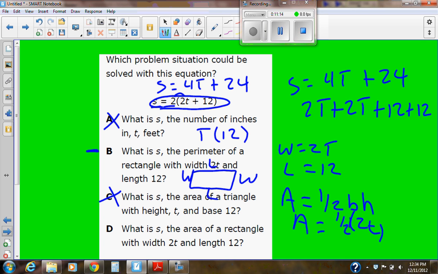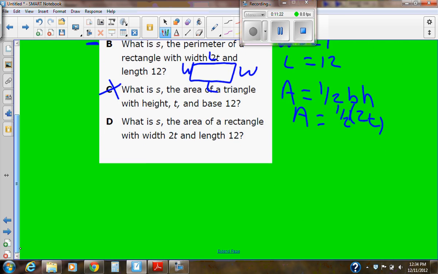We need to check D too. What is S? The area of a rectangle with width 2t and length 12. Well, if you remember, the area of a rectangle is length times width.